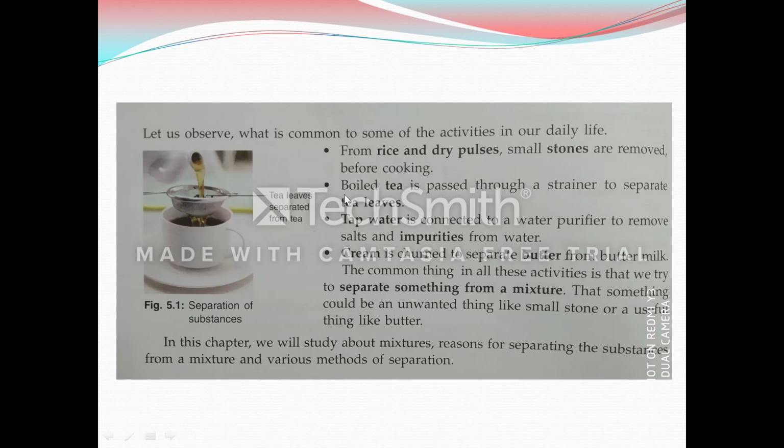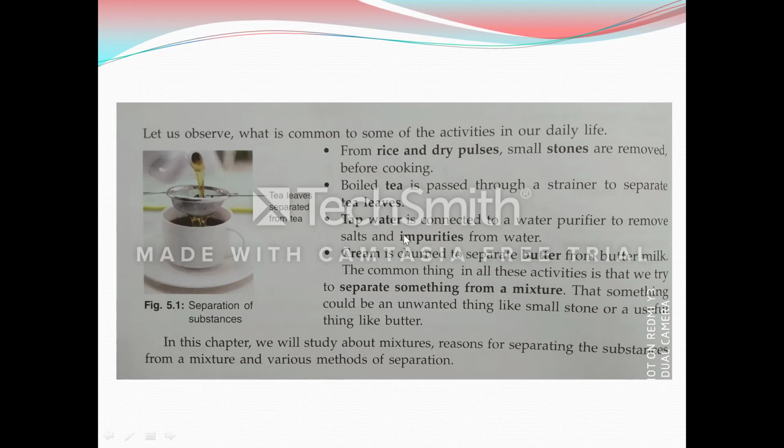Second process is boiled tea. That activity I had already shown you earlier. Boiled tea is passed through a strainer to separate tea leaves. Nobody will like to drink tea with the tea leaves. So we have to remove these unwanted tea leaves from the prepared tea.